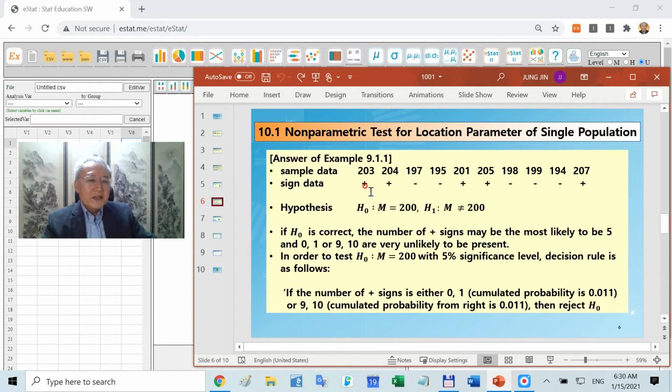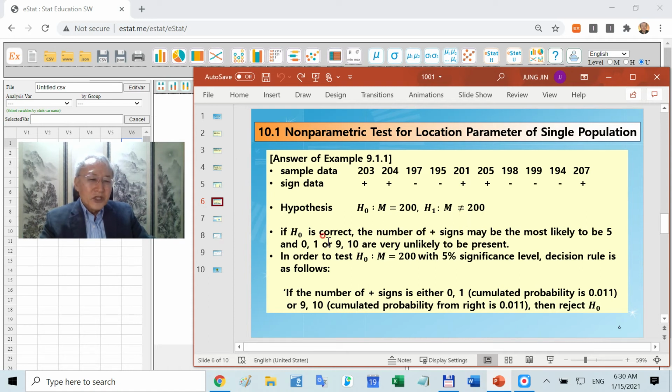Suppose there are 10 data, then we expect half and half plus. That's reasonable, right? If it is nearby 5, we are saying H0 is true. But if it is close to a small number, 0, 1, or 9, 10, maybe H1 would be preferred.